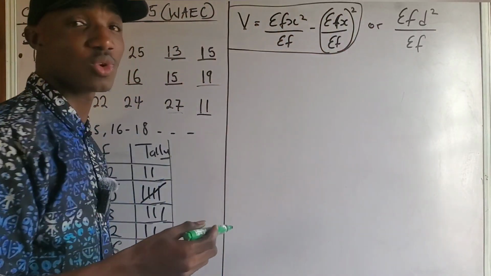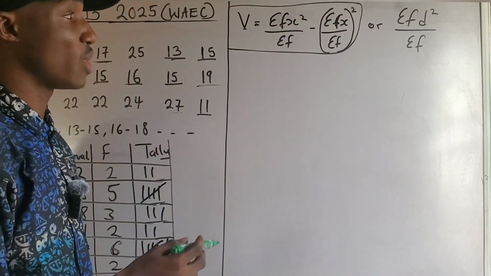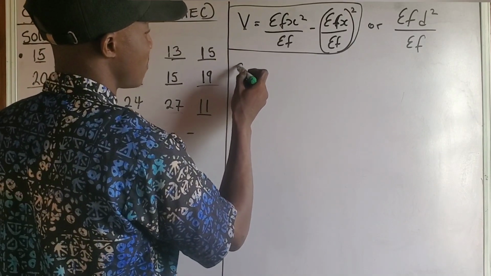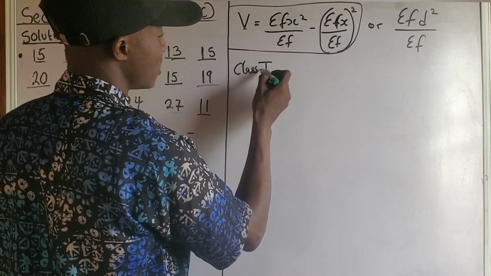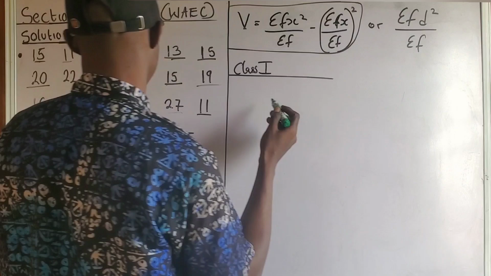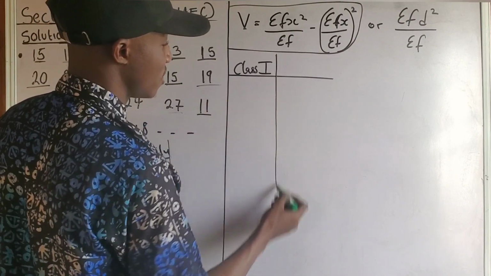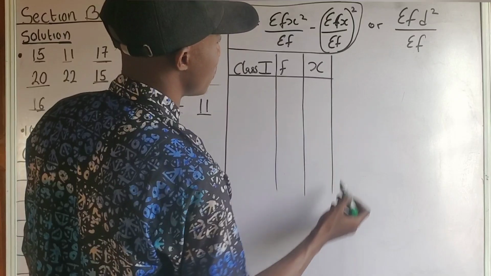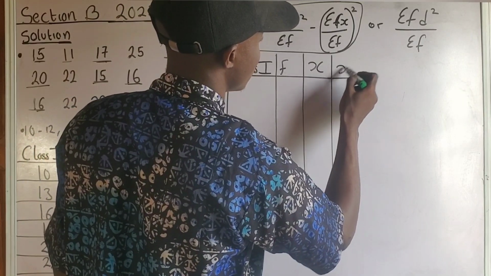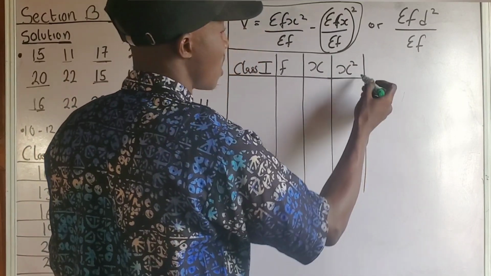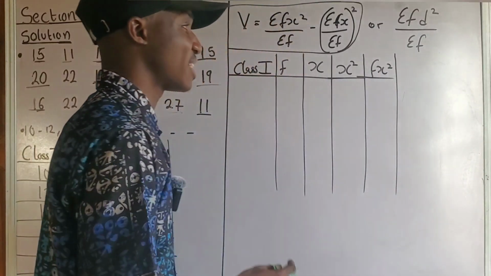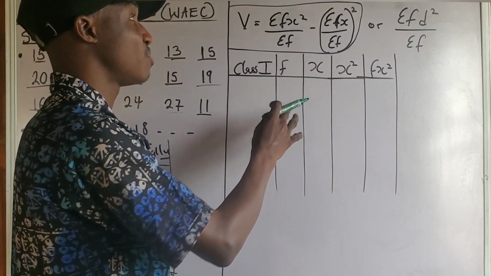So this formula will tell me what I'm going to have in the table. So we are going to prepare another table. Are you getting it? The table is going to have the class interval, then the frequency, x, x squared, and fx squared.